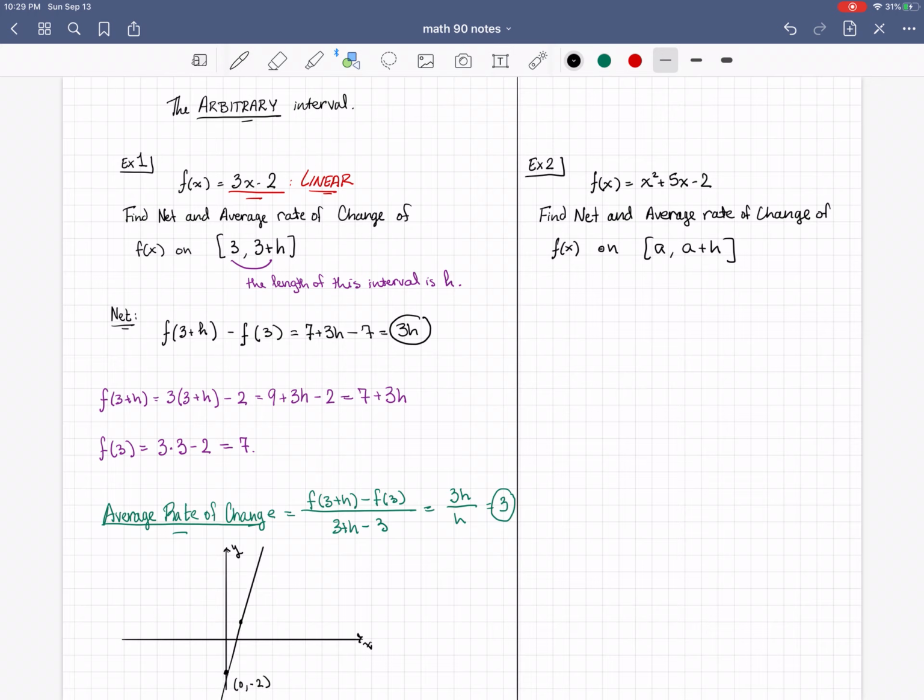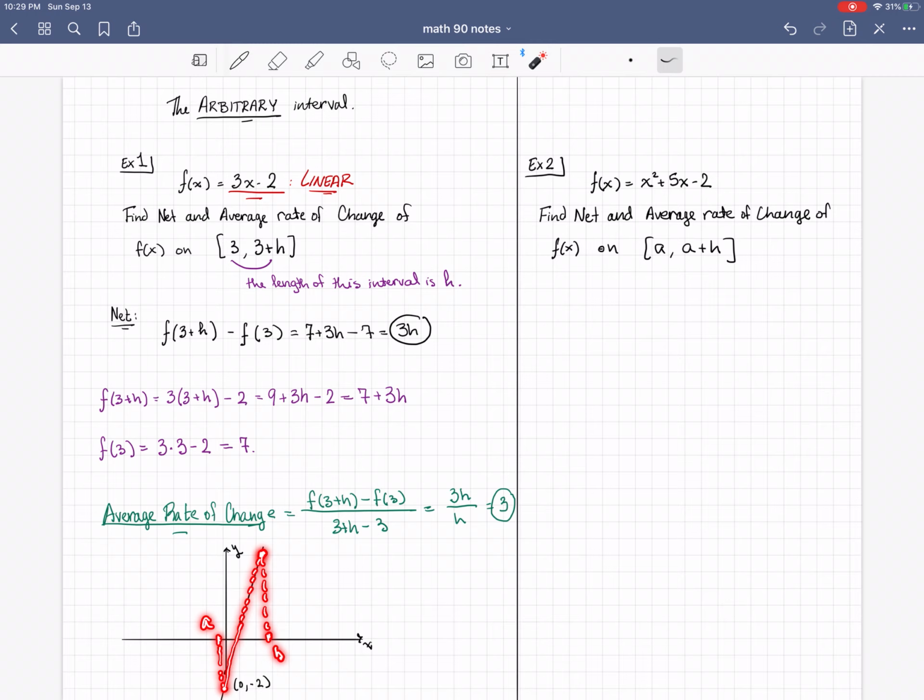Now, as soon as you see this, I hope it makes sense why the average rate of change does not depend on the interval. No matter what interval you pick, let's say this is A and this is B, if you look at the points A, f of A and B, f of B, the line connecting those points is your function's graph.